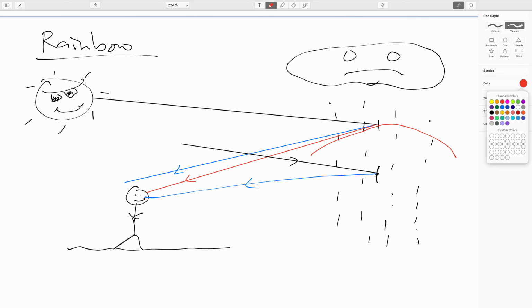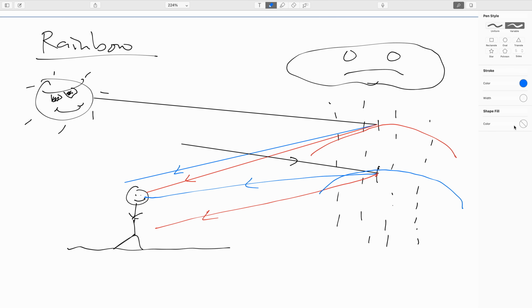And the red light is going to miss your eye. So when you look here, what you're going to see is the blue part of the spectrum. And then in between, there will be the colors of the rainbow in wavelength order.